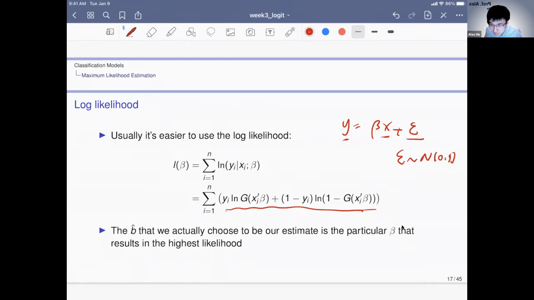Well, not a probability, but rather a density, the density of you observing that Y, given the normal distribution. And when you do that, it will give you the same beta as you would get using ordinary least squares. But here for logit, we actually cannot just minimize the errors. So the log likelihood, maximum likelihood would be the way to go here. Okay.